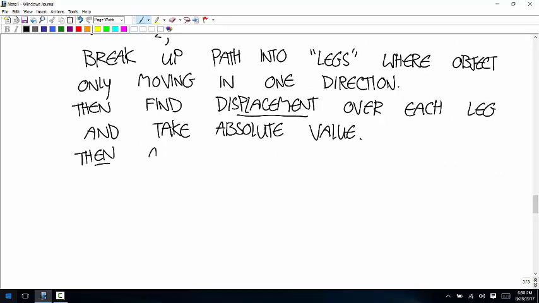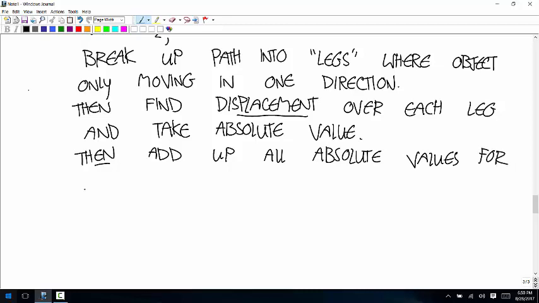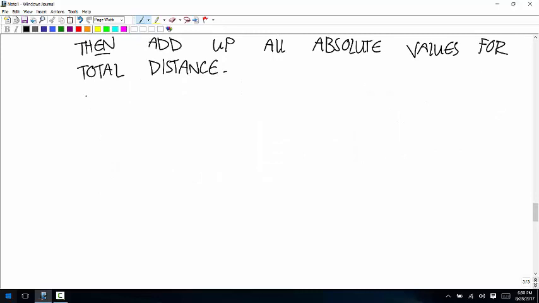Then add up all these absolute values to get the total distance. Okay, that's sort of a pain, so it's a good thing we're not going to have to use that very much. But let me give you an example.